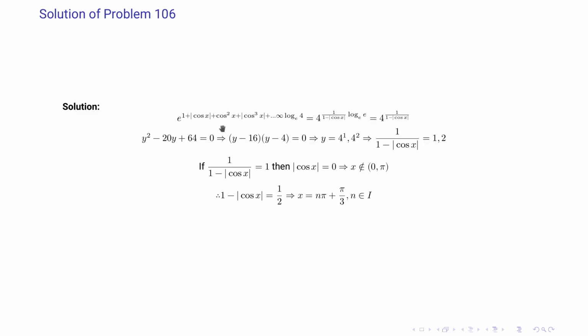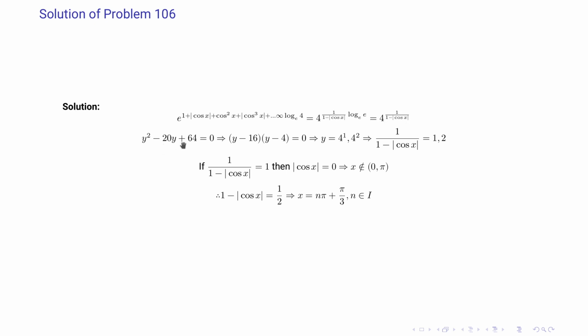So this is similar to the problem which we have solved just now with the series sin square x plus sin to power 4x. So similarly, here we change the e with 4. So it becomes 4 to the power 1 by 1 minus mod of cos x, log of e with base e, which is equal to 4 to the power 1 by 1 minus mod of cos x.